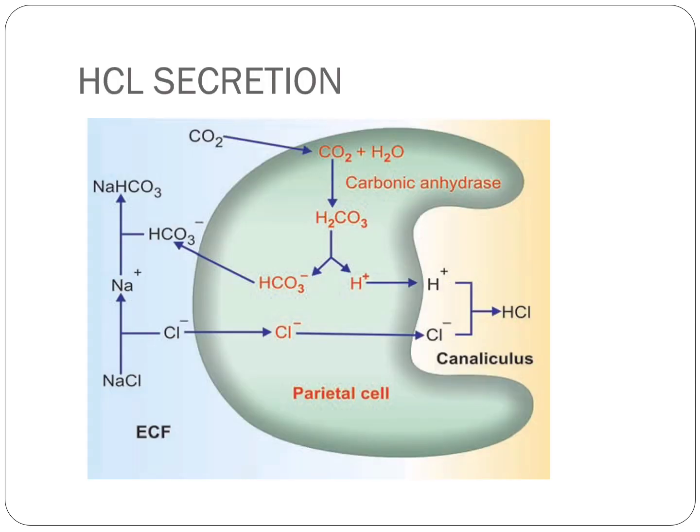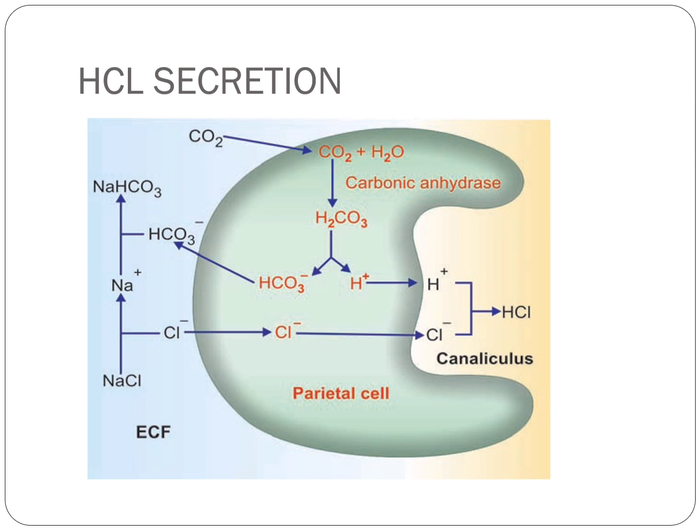This is the parietal cell. This is the part of canaliculus. Here carbon dioxide combines with water to form carbonic acid, with carbonic anhydrase. Carbonic acid is unstable, so it readily converts to bicarbonate and hydrogen ion. Then the hydrogen ion is released from the parietal cell to canaliculus.